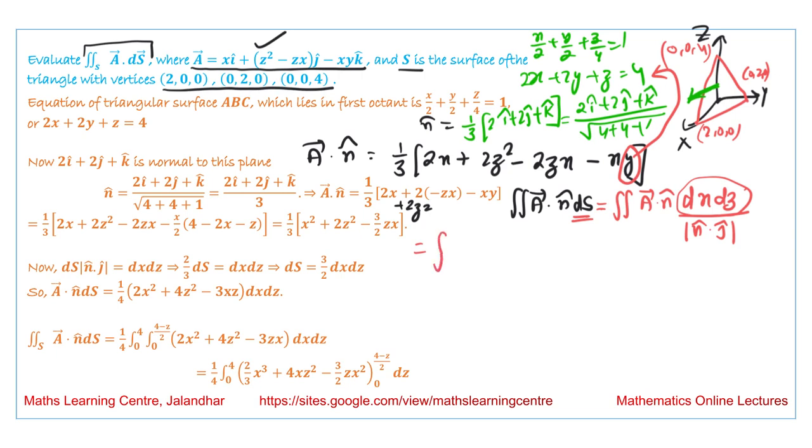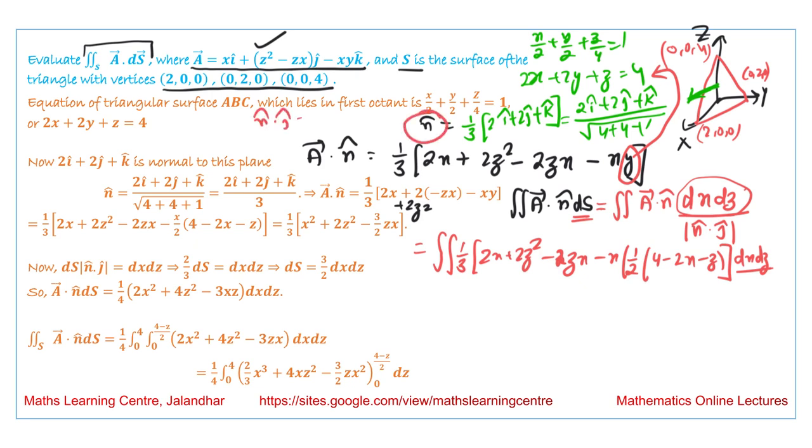We obtain the double integral of 1 by 3 into 2x plus 2z square minus 2zx minus x into, in place of y, 1 by 2 into 4 minus 2x minus z, then dx dz, and the value of n cap dot j cap is 2 by 3.